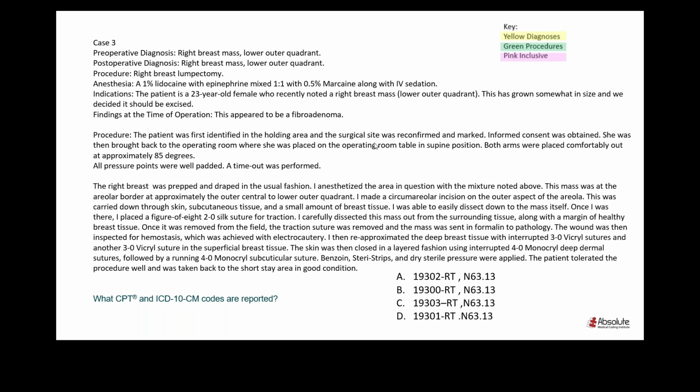Okay, so we have a right breast mass of lower outer quadrant as our postoperative diagnosis in the scenario. Also, the procedure performed was a right breast lumpectomy. Patient was placed in a supine position. Anesthesia given, circumareolar incision on outer aspect of areola performed, carried down through the skin, subcutaneous tissue, and a small amount of breast tissue.